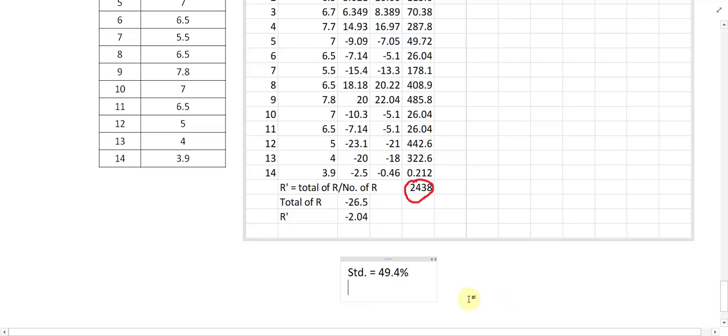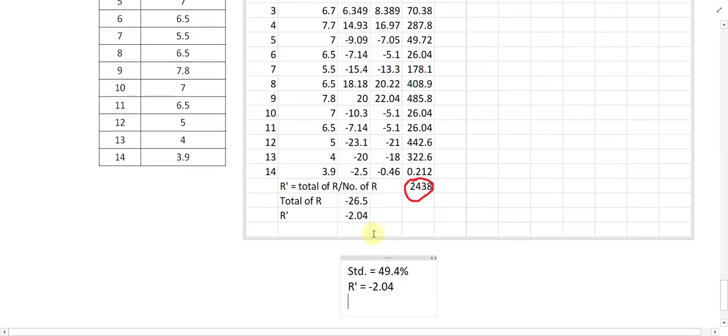And of course, then what was the R bar? How much was the R bar? This was the R bar, minus 2.004, right? So if you find out the coefficient of variation, which is equal to the standard deviation divided by this one, right?